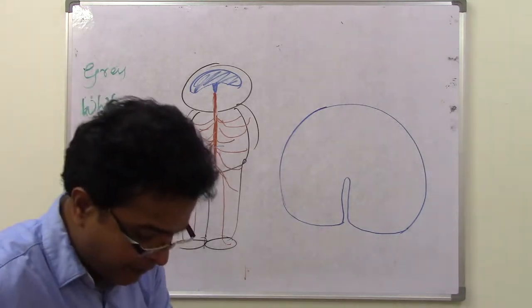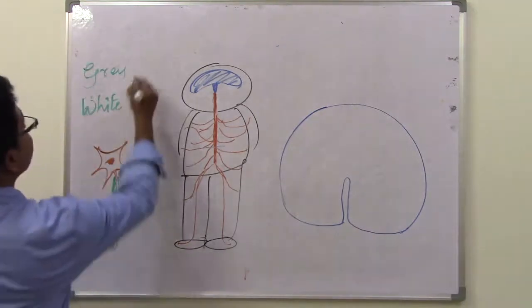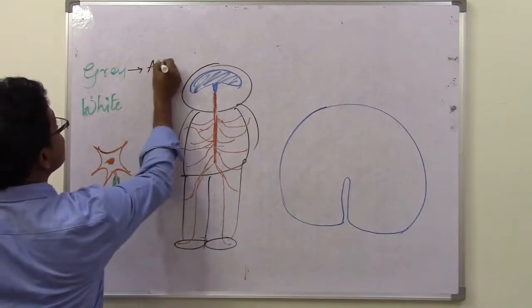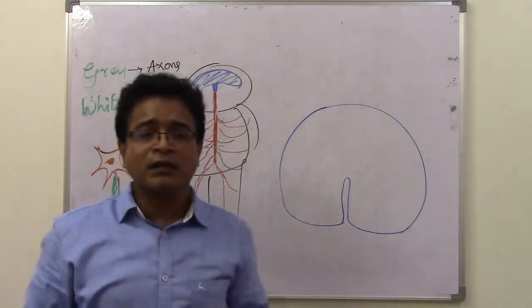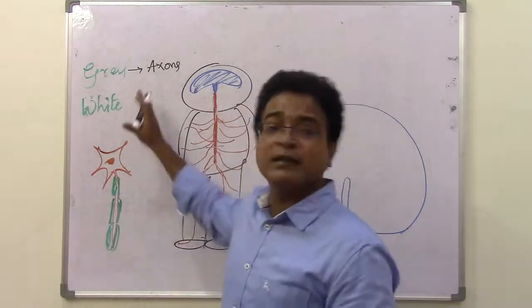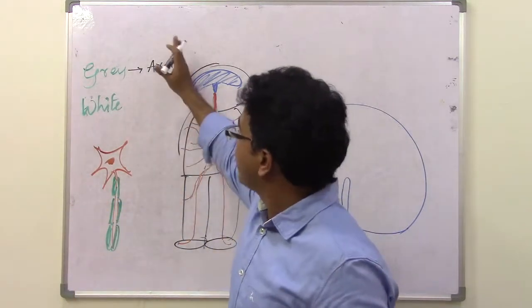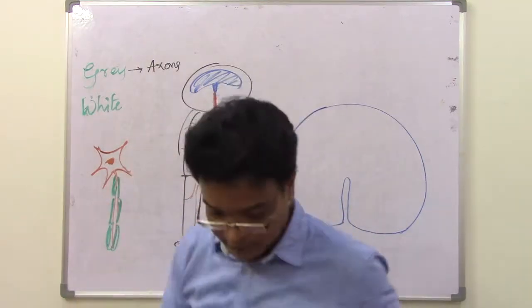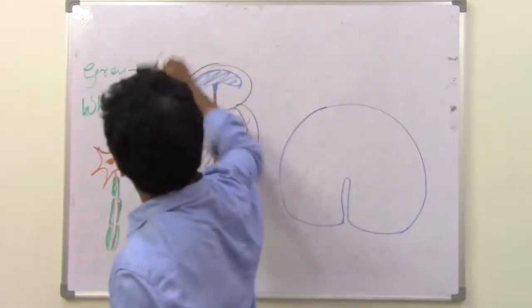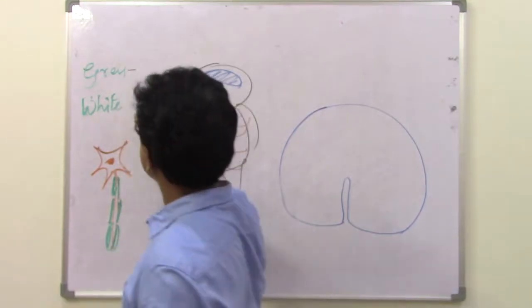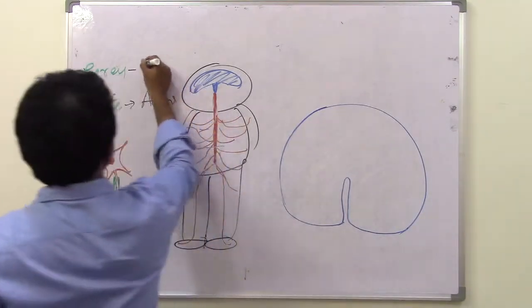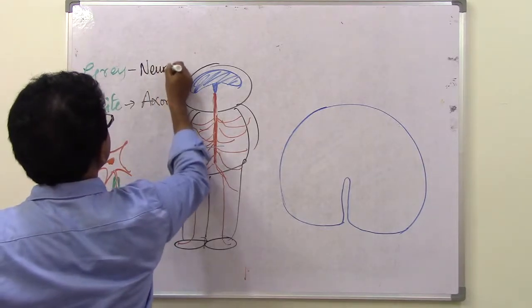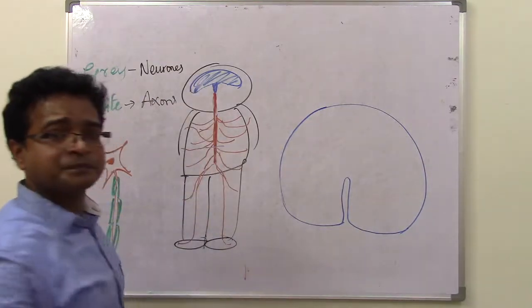So white matter is made up of axons because they look white. I'm sorry, gray matter is made up of neurons. White matter is made up of axons. And gray matter is predominantly neurons.